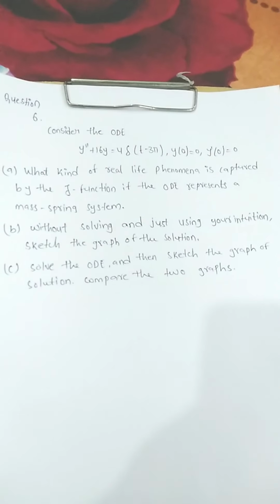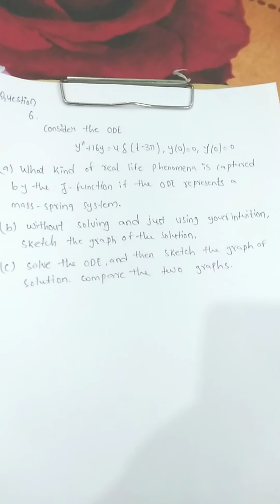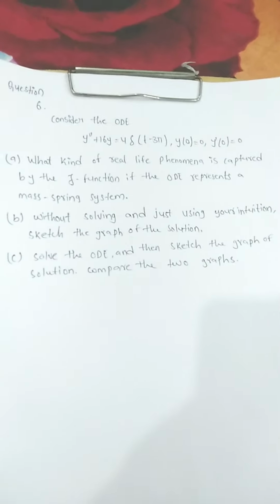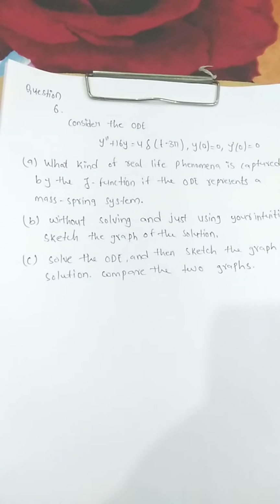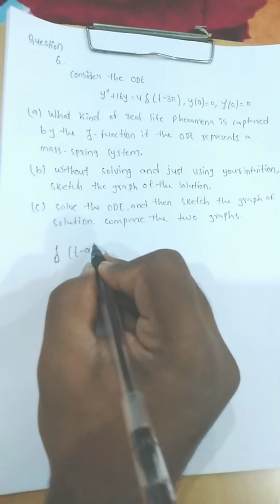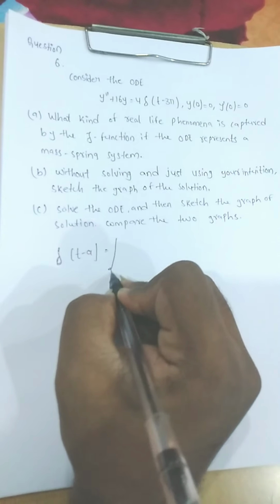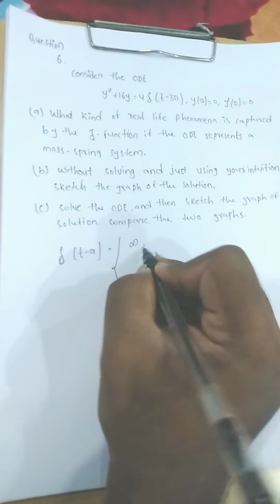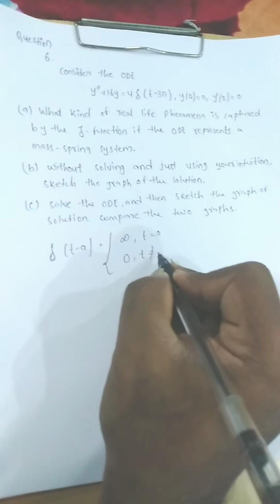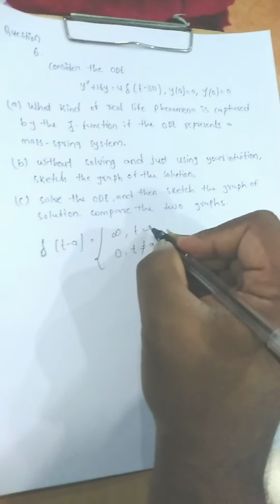Now we'll look at the second part. For the second part, we can use the properties of the Dirac delta function, that is, delta of t minus a is infinity at t equals a and 0 at t not equal to a.